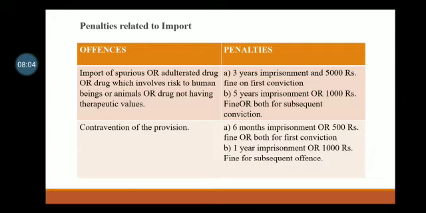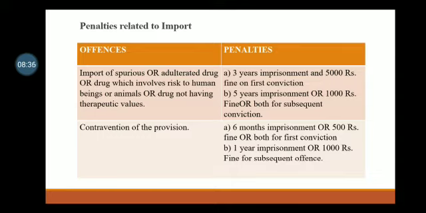Then offenses and penalties related to import of drugs. So if substandard quality drugs or spurious drugs or cosmetics are imported in India, what are the offenses and penalties? First, offense: import of spurious or adulterated drug, or drug which involves risk to human beings or animals, or drug not having therapeutic values.